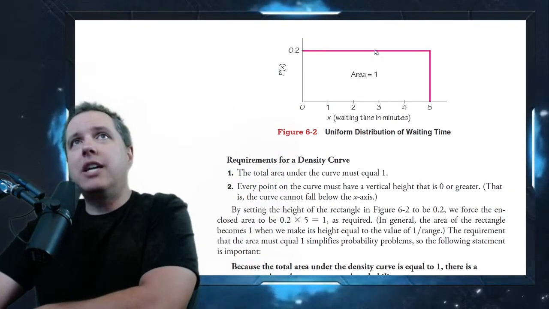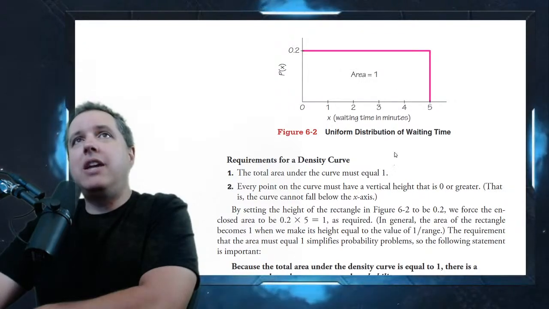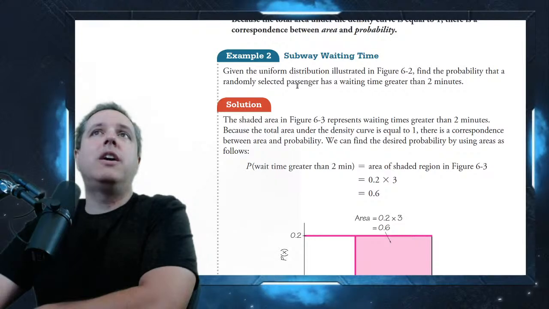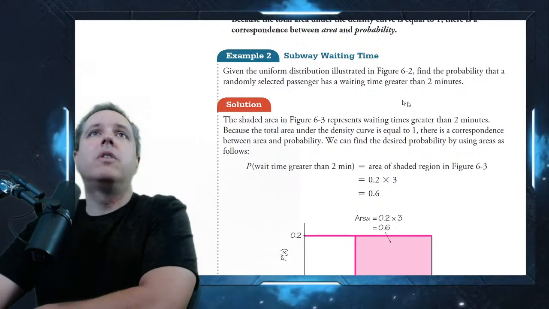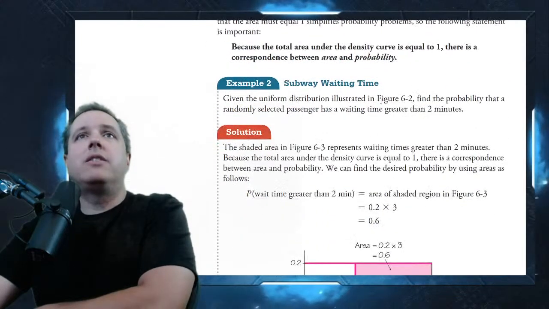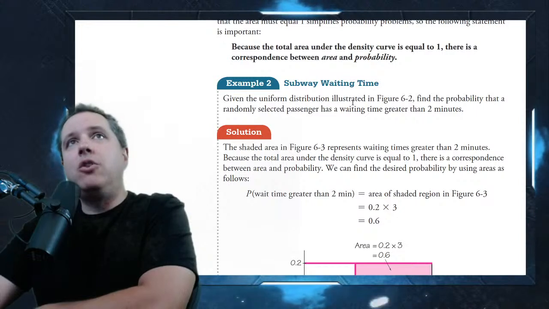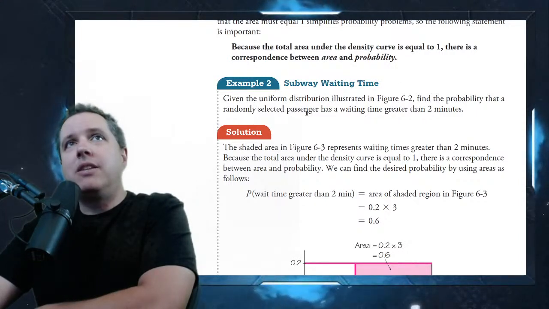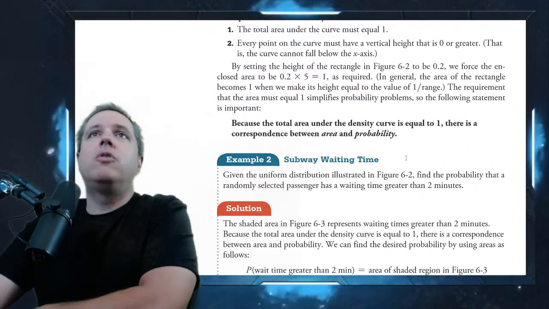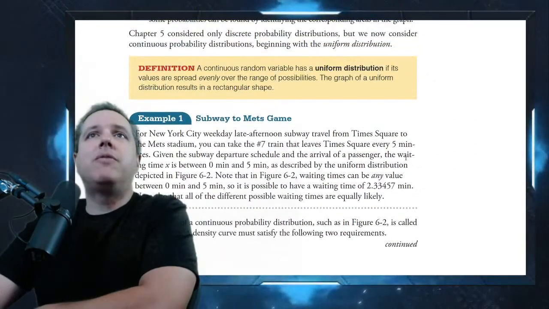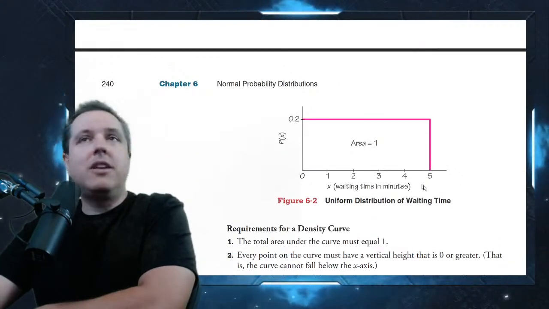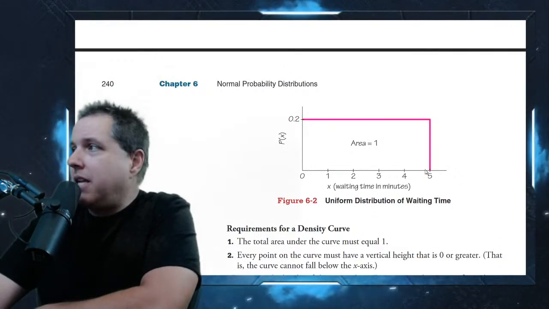So we're going to draw this connection between area under the curve and the probability of that thing occurring. So let's take a look. Here we have a subway waiting time. Given the uniform distribution, find the probability the randomly selected passenger has a waiting time greater than 2 minutes. So I think the maximum's 5, right? Yeah, so you can't wait more than 5 minutes on the subway because a train comes every 5 minutes.